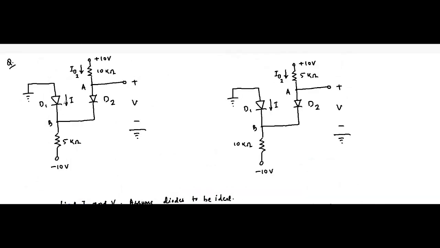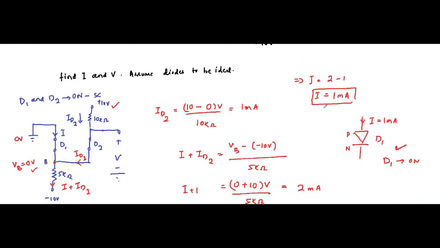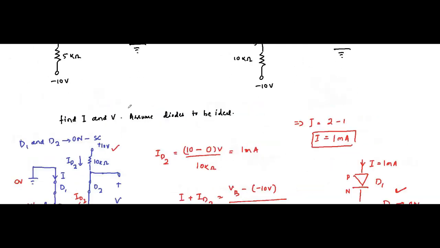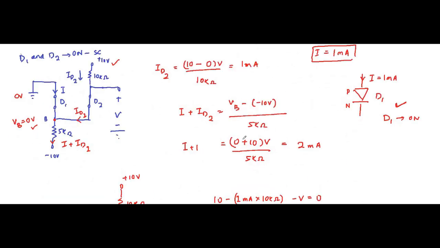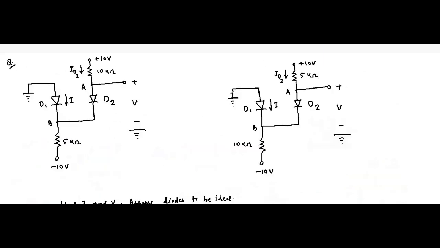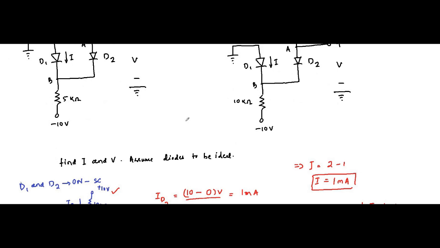Why? Because we got I equal to 1 milliampere, a positive value. Also ID2 we got around 1 milliampere, again a positive value. So current always flows from P to N of a diode, and our assumptions were true.